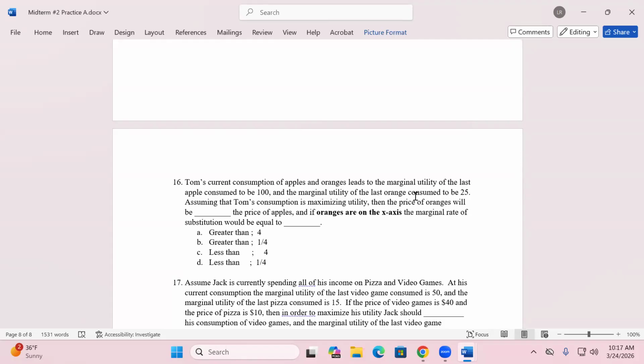Questions on this idea? Okay. And I think the way it was phrased, the price of oranges is less than the price of apples. Okay. And then the second part is, what must the marginal rate of substitution be equal to? Well, if I know the marginal utilities, my marginal rate of substitution is just those relative marginal utilities. Okay.